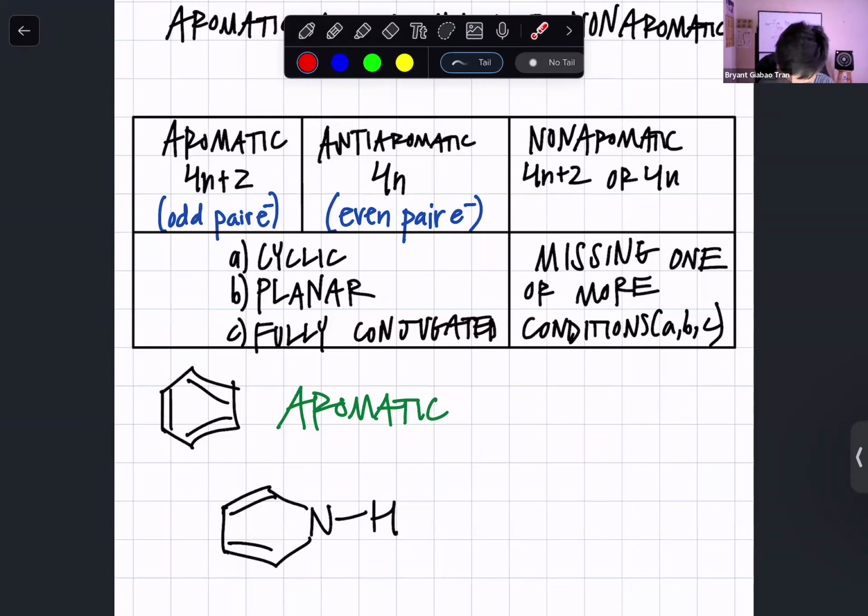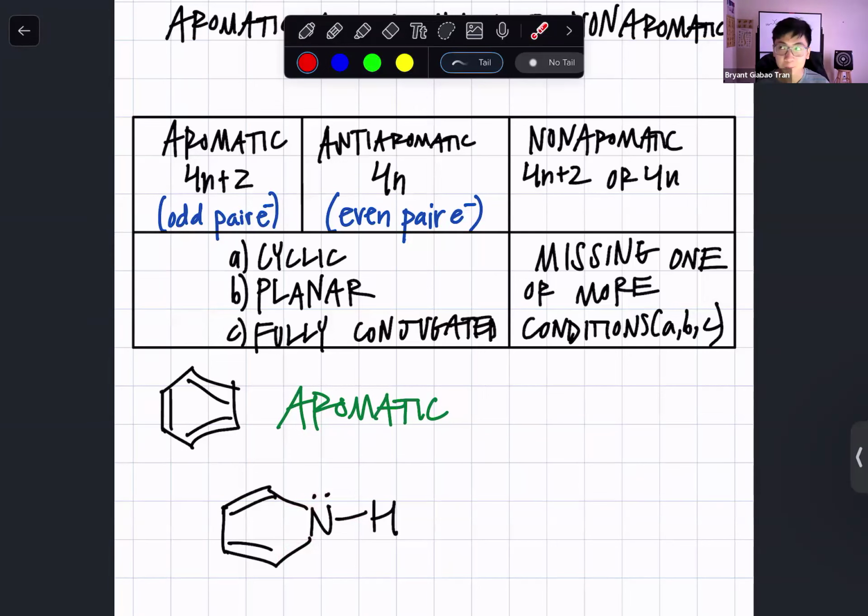And be careful here. There is a missing pair of electrons, right? Which is the pair of electrons on nitrogen, because since this nitrogen is neutral, it will have 3 bonds and a pair of electrons, right? Or to fill the octet, it needs a pair of electrons: 2, 4, 6, 8, right?